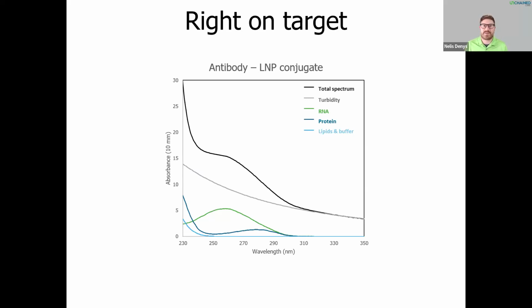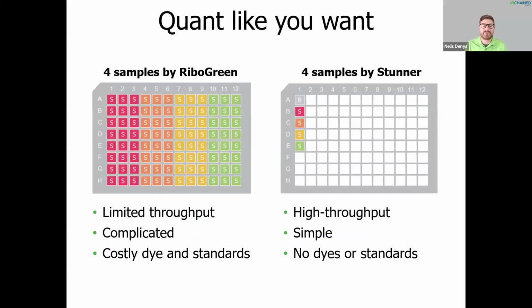By defining that this sample has IgG and RNA, and of course our normal components, the lipid, the buffers, and the turbidity, Stunner will deconvolute the measured spectrum and output RNA concentration, but also protein concentration, their molar ratios, alongside your particle concentration size and all the data you might need, all on that same 2 microliter sample, making it so much easier to optimize your product so it can easily reach its targeting.